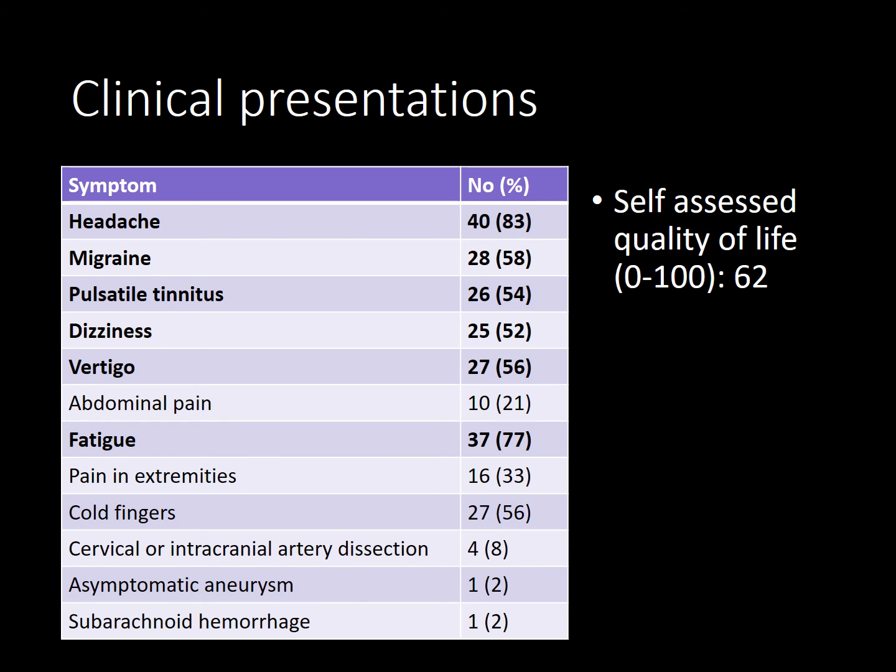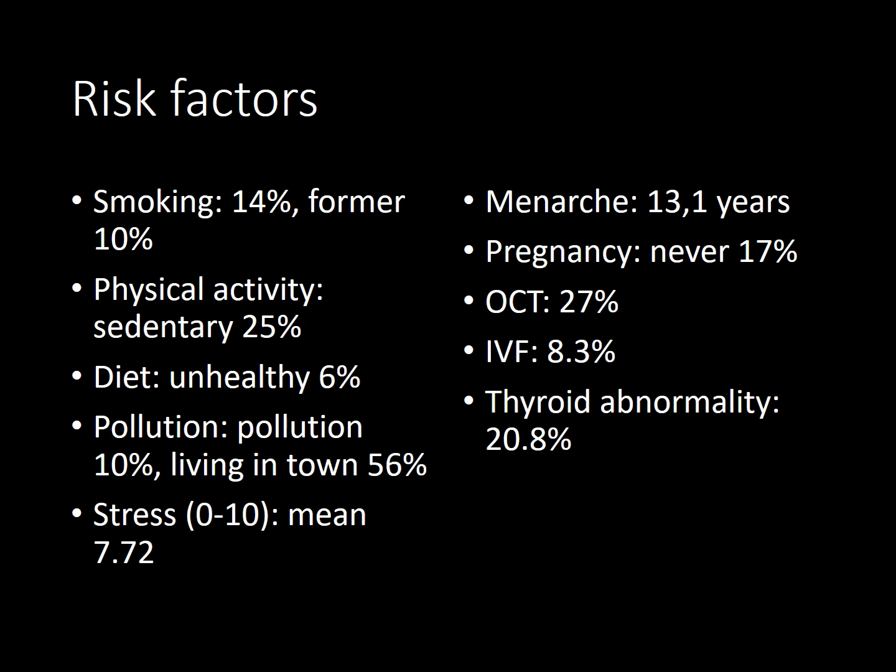The most dominant symptom was fatigue, present in 77% of patients. And when we asked these patients to self-assess their quality of life in the range from 0 to 100, it was 62. If we look at the risk factors, we didn't find anything specific.